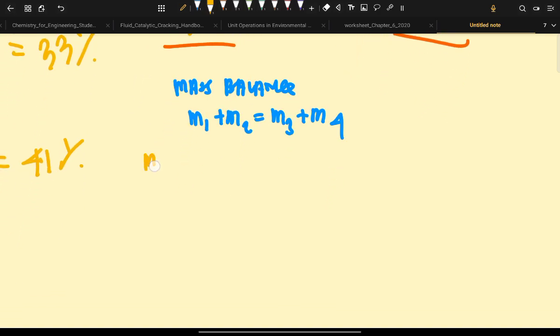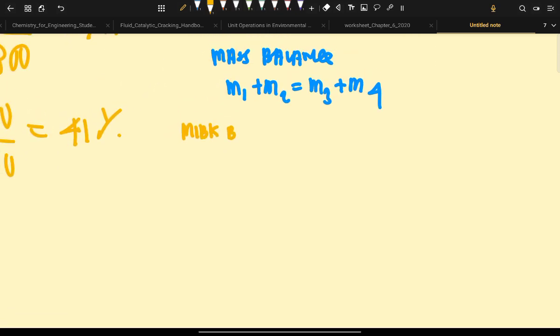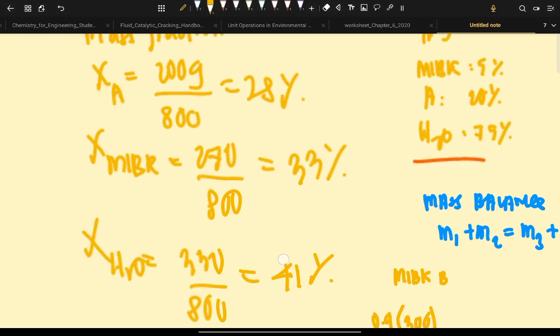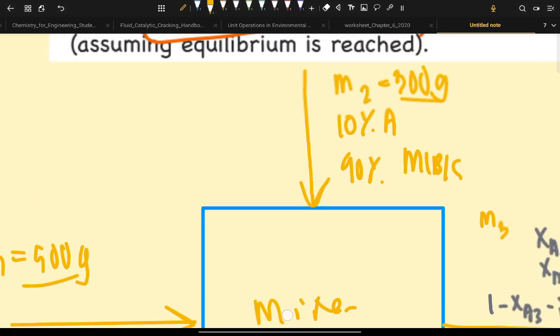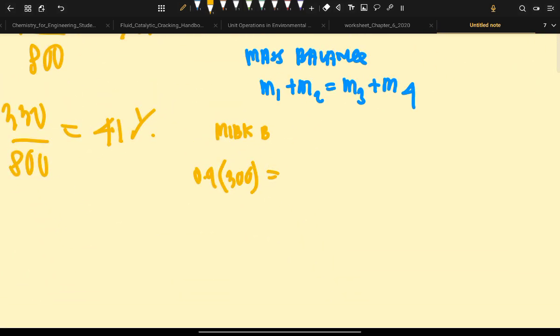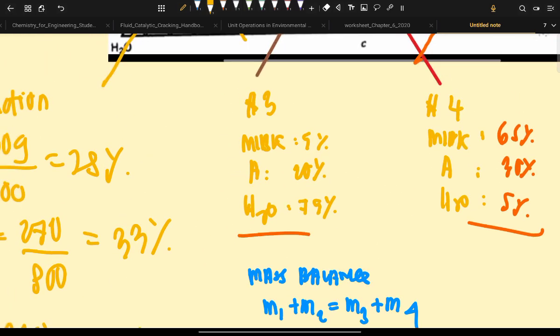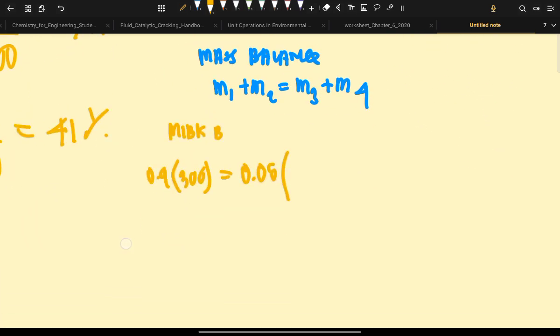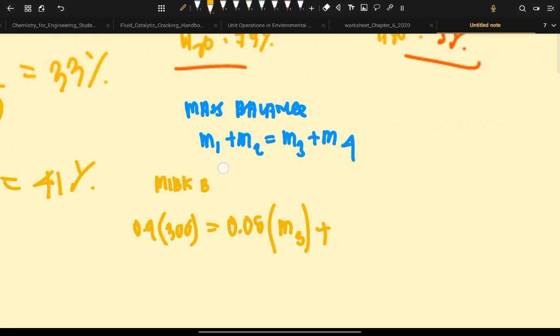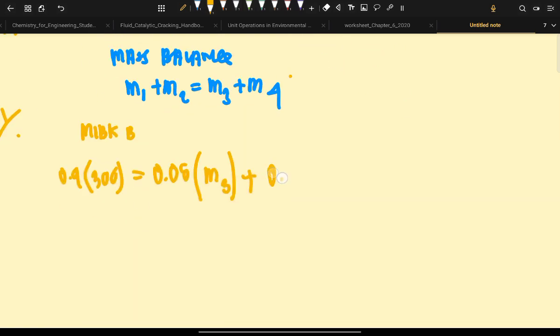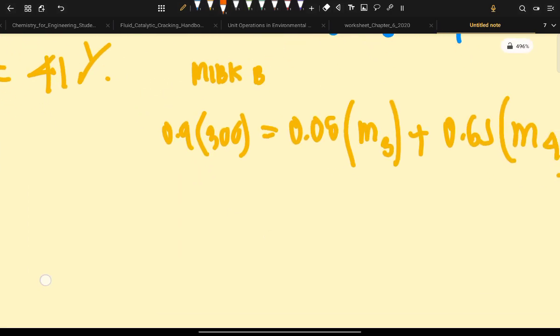So I want to use the MIBK balance, which is 0.9 times 300. Oh wait, 300, is it correct? Yes. 300 equals 0.05 M3 plus 0.65 M4.